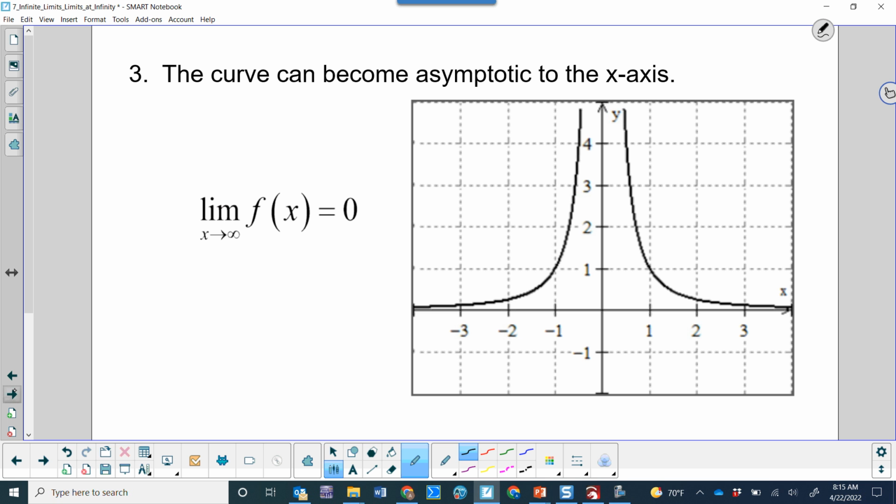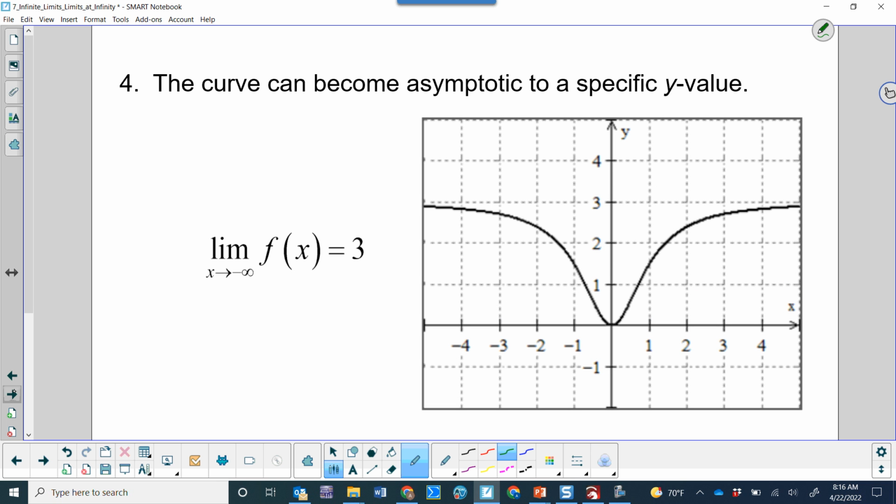You have this example that as we go to infinity, it can be approaching zero. So again, as I go to infinity, I can be approaching zero, okay, can be asymptotic to the x-axis or to any other place, but that's what we'll see next.